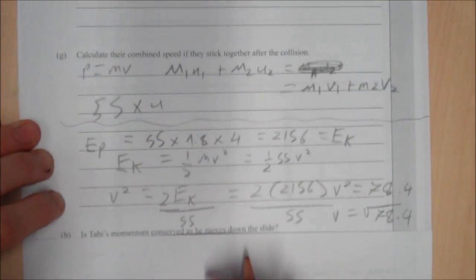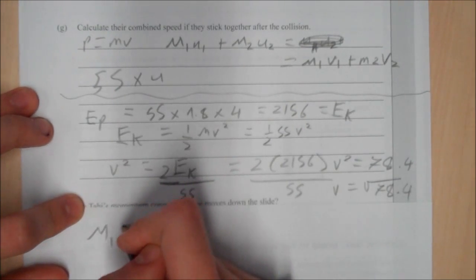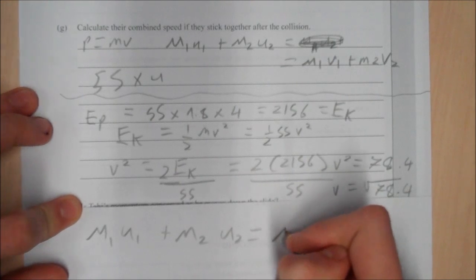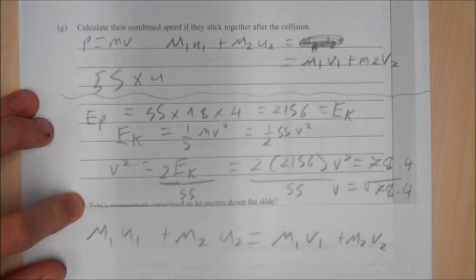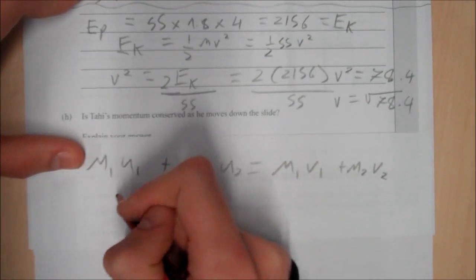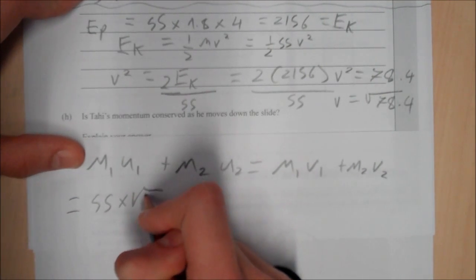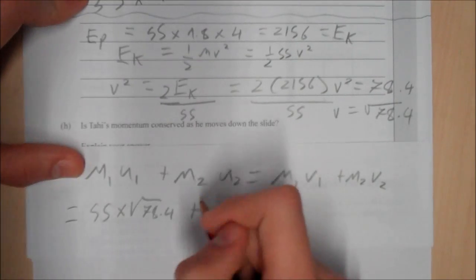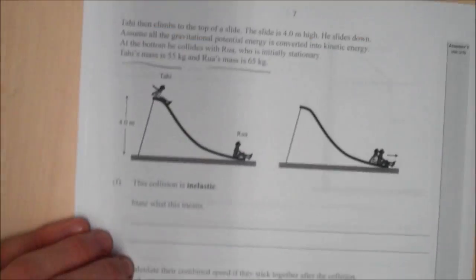So if we go back to look at this, I'll write it here again, m1u1 plus m2u2. And we know that this is equal to 55 times the square root of 78.4 plus, where's Rua's mass?